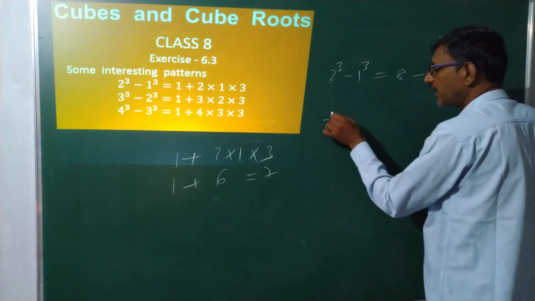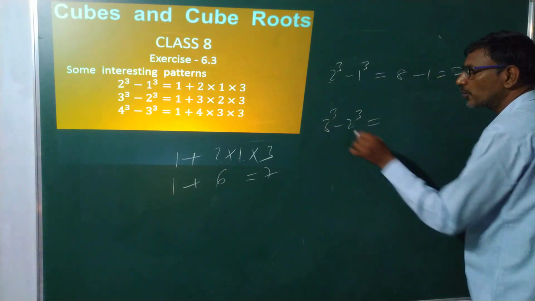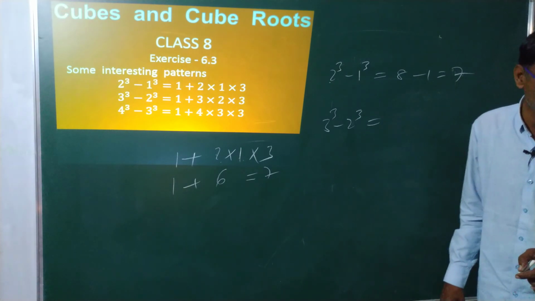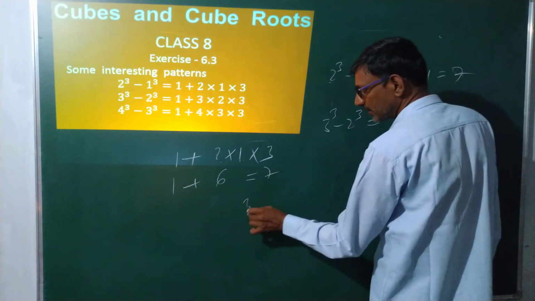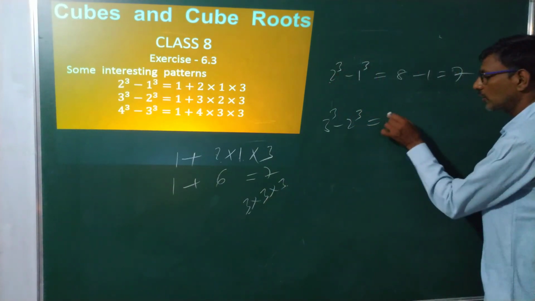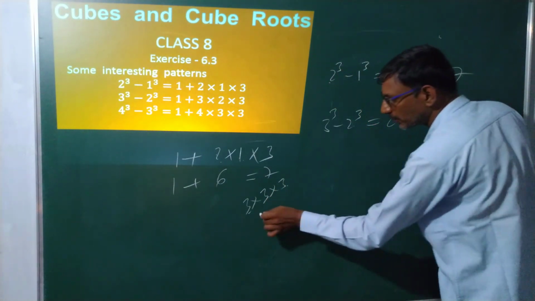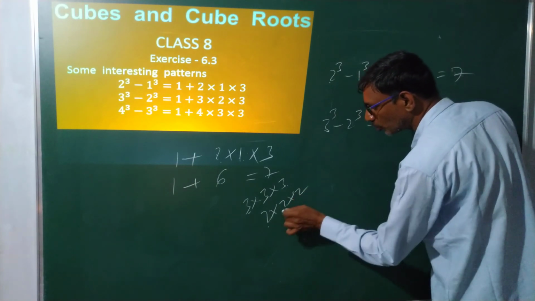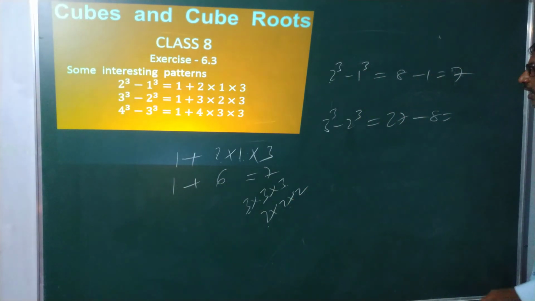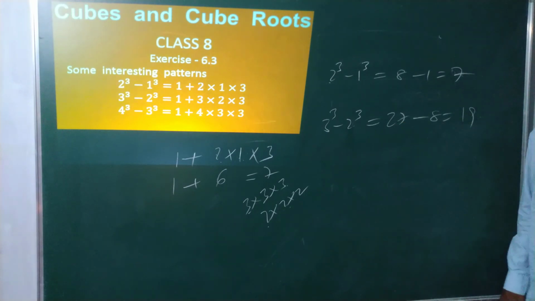Suppose 3 cube minus 2 cube. 3 cube, how much? 3 threes are 9, 9 threes are 27, minus 2 cube, 2 into 2 into 2. 2 twos are 4, 4 twos are 8. Subtract it.